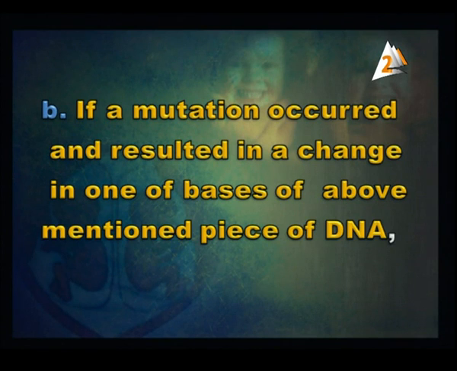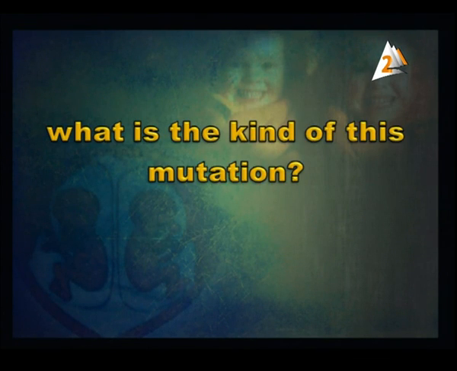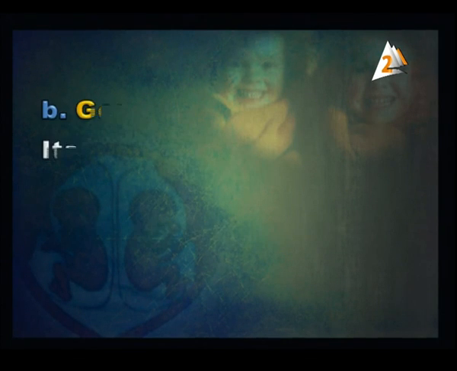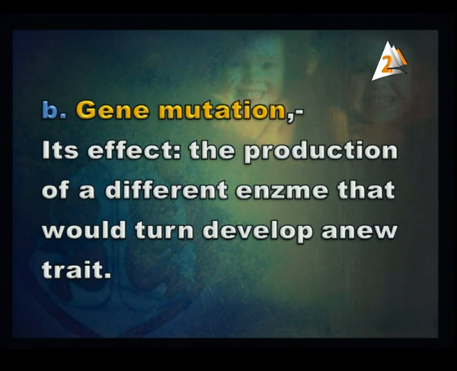If a mutation occurred and resulted in a change in one of the bases of the above mentioned piece of DNA, what is the kind of this mutation? What is its effect? Of course, it's the gene mutation. Its effect is the production of a different enzyme that would develop a new trait.